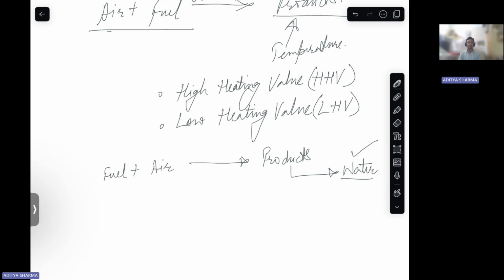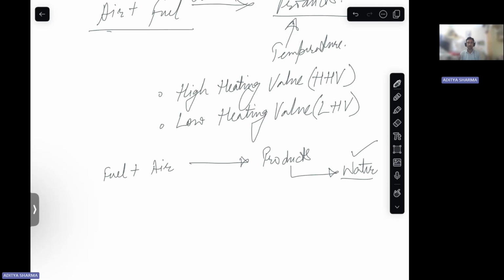But in case your water condenses, then the latent heat of vaporization can be added to the heating value of the fuel, because that is still in our hand to use for our purposes.